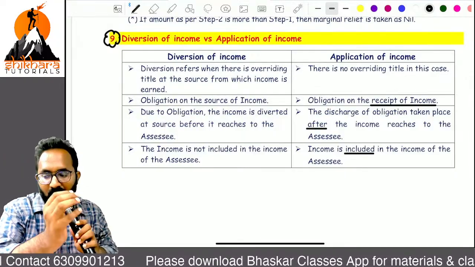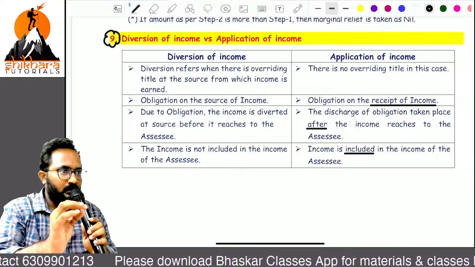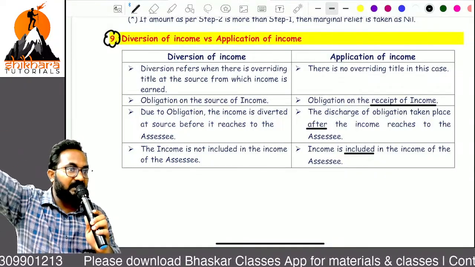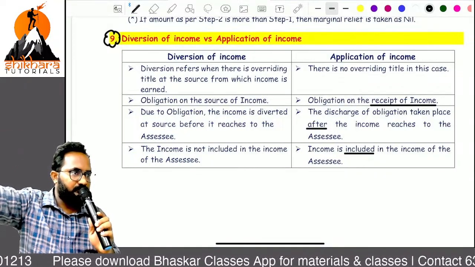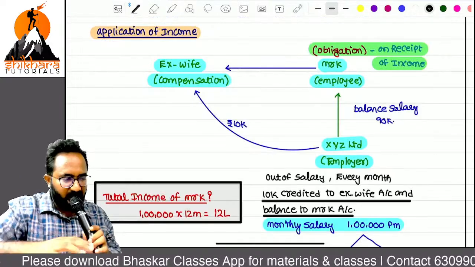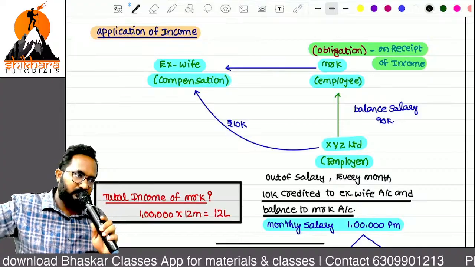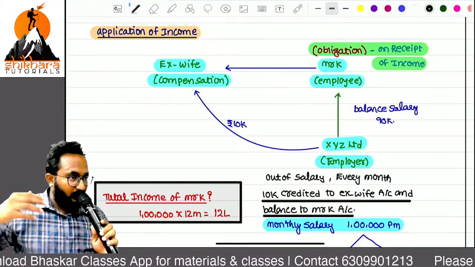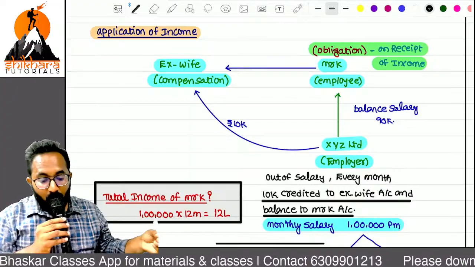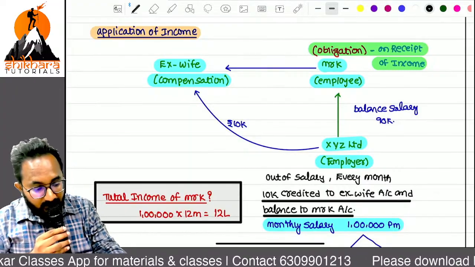No. On my salary income, the ex-wife has no overriding title. If the company credits my bank account, I will transfer 10,000 to the ex-wife. If I do not transfer anything, there is no overriding title over the salary.